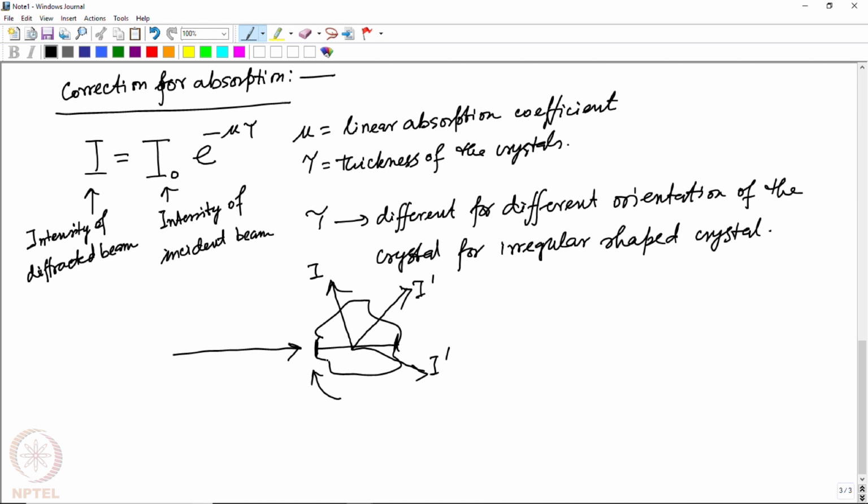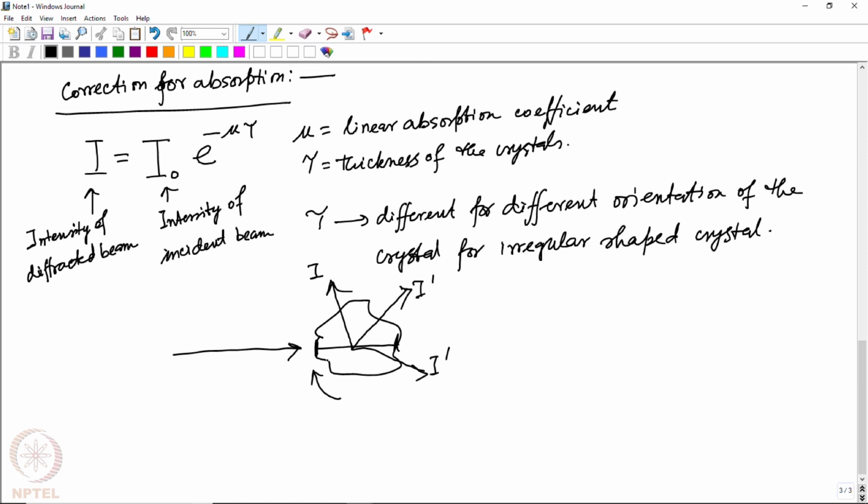So, at some point it may be longer, some point it may be shorter, and so on. As a result, the value of tau will keep on changing during the data collection from one frame to another, one set to another set, and so on. So, tau changing continuously for an irregular crystal makes it even more difficult for any absorption correction program to apply.